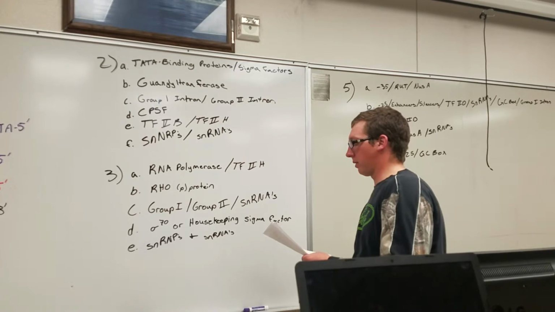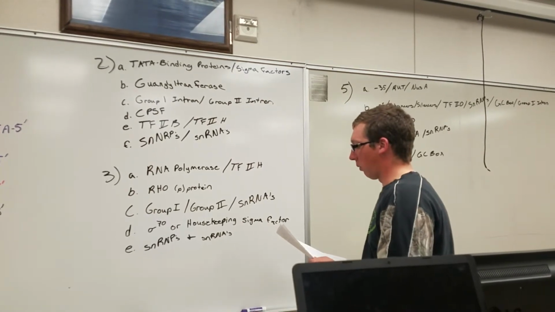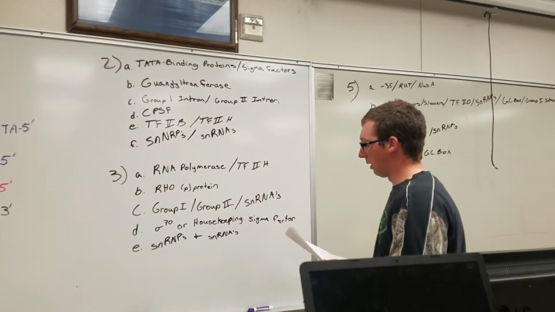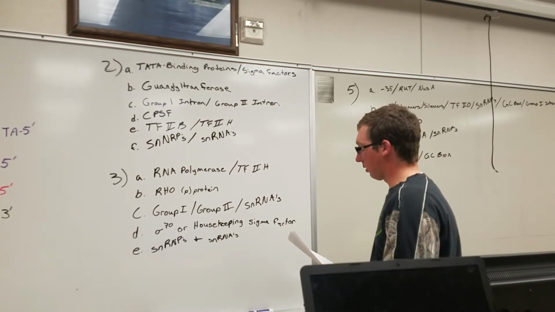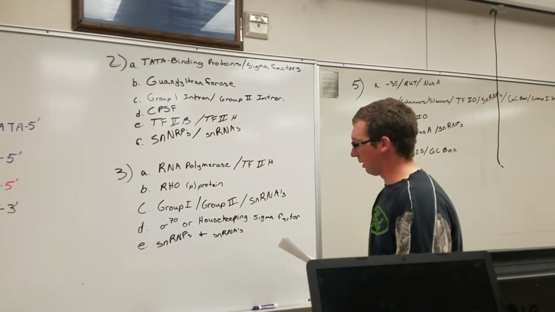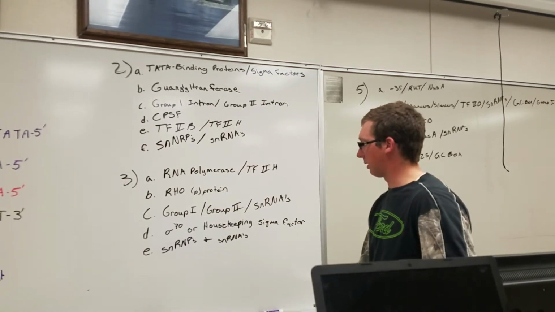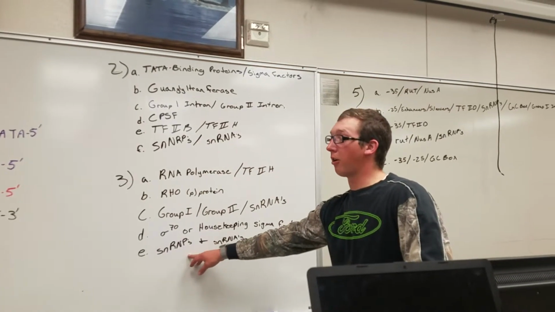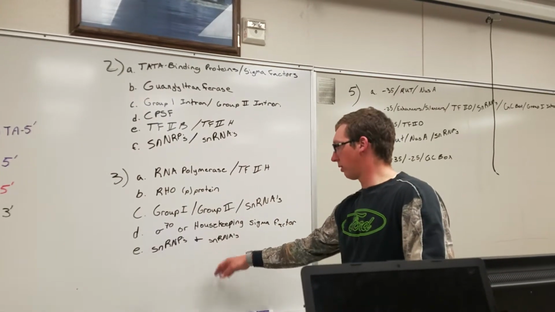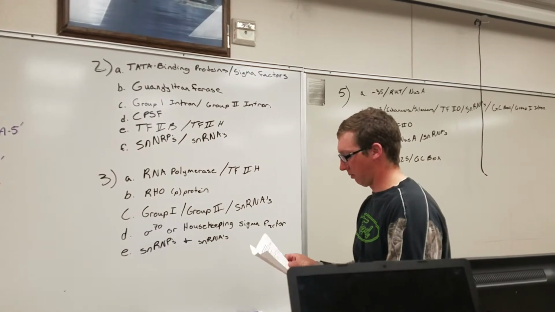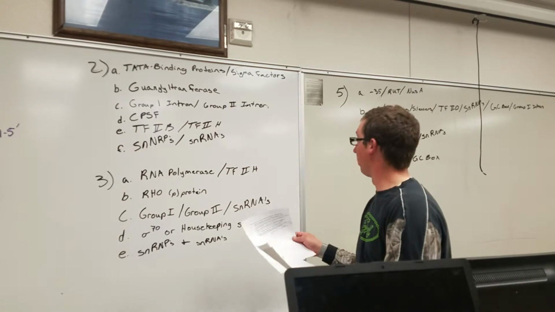For E, it asks for 1 enzyme in eukaryotes that synthesizes a long string of identical RNA nucleotides, but does not use a template DNA strand for RNA synthesis. We got our SNRNPs, and we just included the SNRNAs in there because they work together. They're each part of each other.